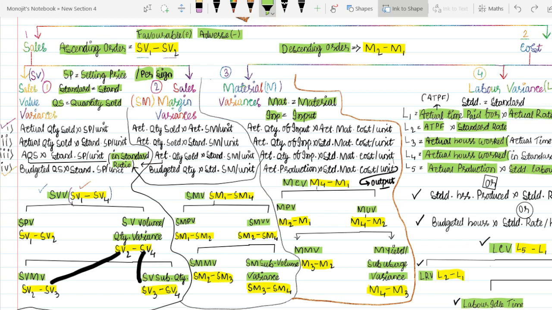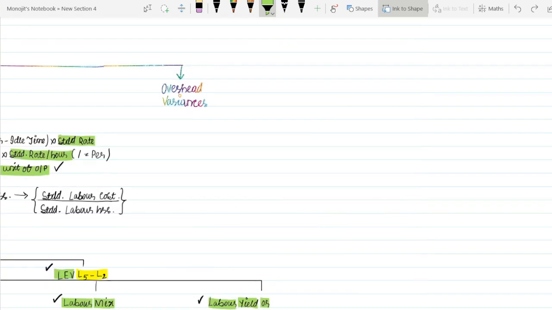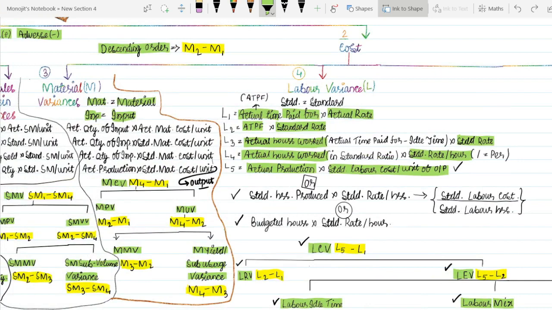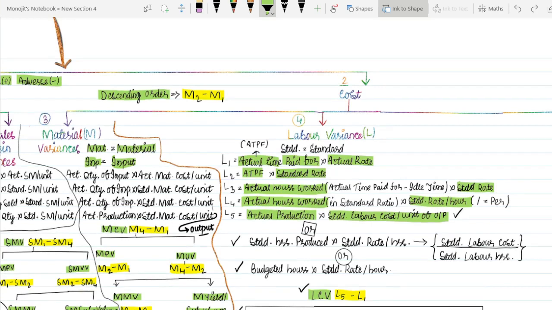So now we will deal with cost. In cost there are three components, and in cost we will follow the descending order.